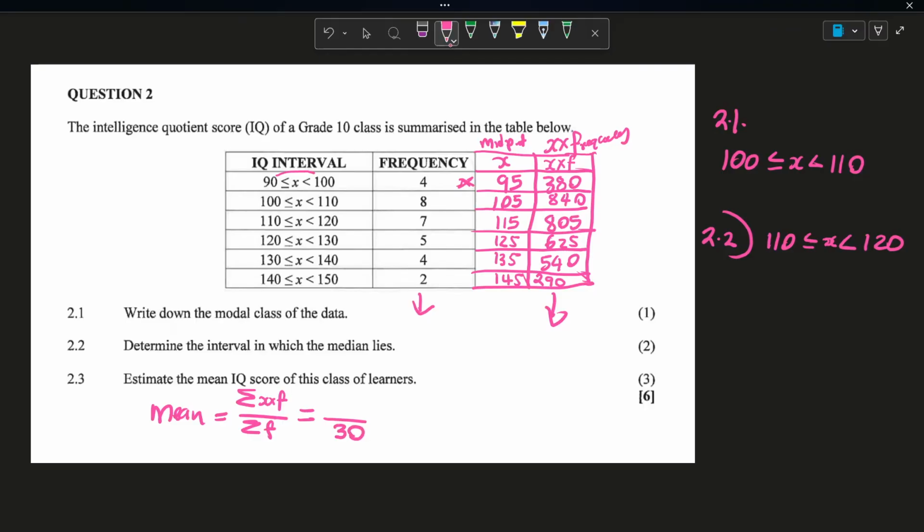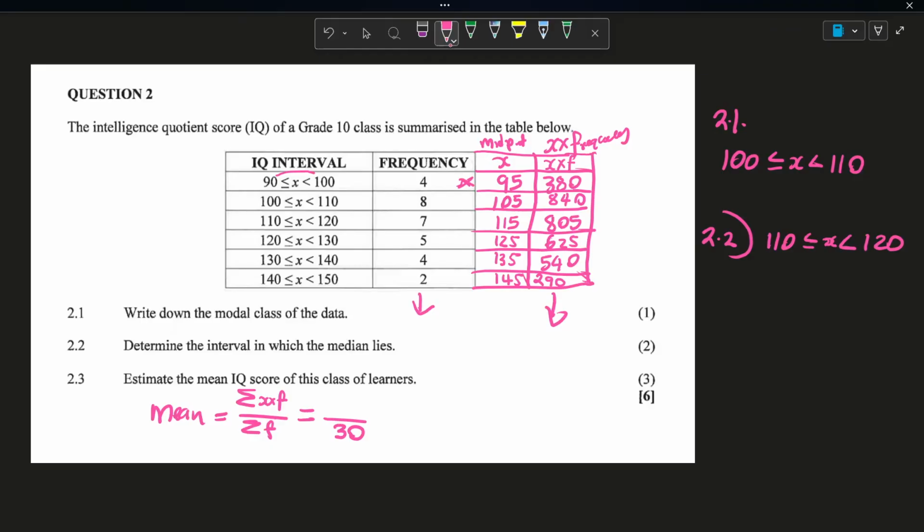Now, let's add those ones: 380 plus 380 plus 840 plus 805 plus 625 plus 540, and then 290.